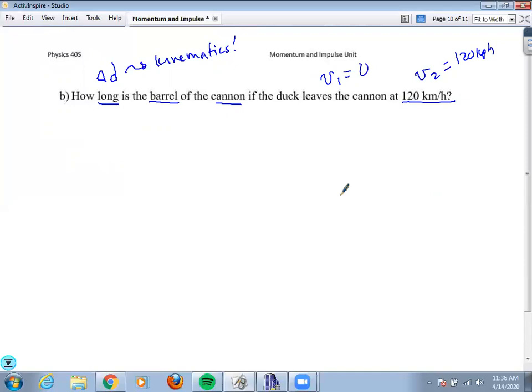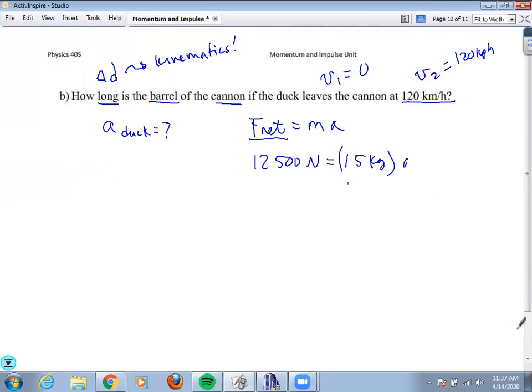All right, so we're going to need to find the acceleration of the duck. From that, we need to use our dynamics, so F net equals m times a. The F net we calculated in part A, 12,500 newtons, equals 15 kilograms, the mass of the duck, multiplied by acceleration.